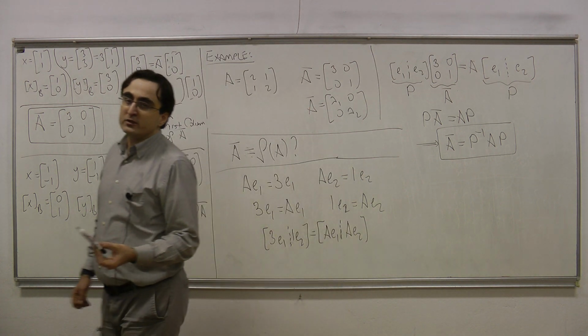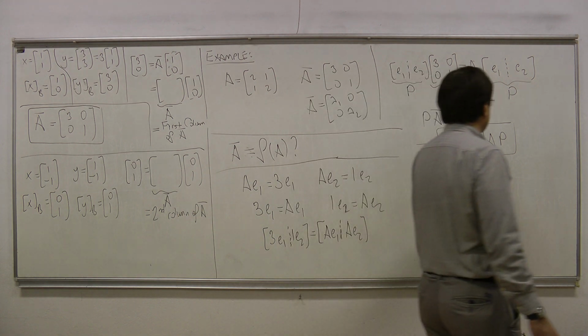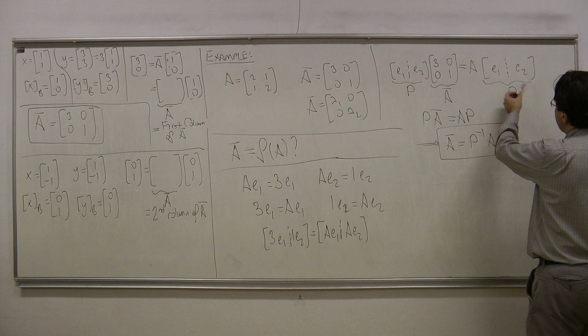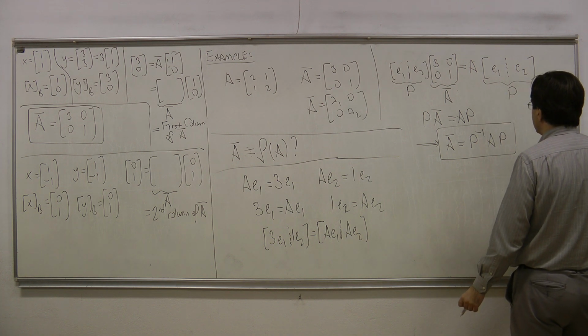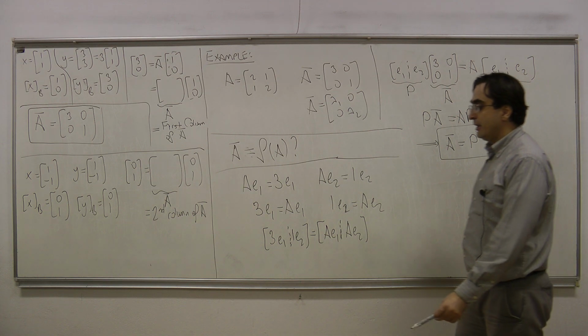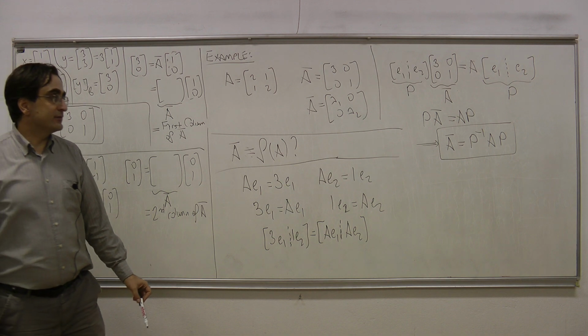It is very important to understand what this formula is doing. It is changing the basis from the canonical basis set into a basis set given to us. And the columns of this matrix P would always contain the elements of the basis set.